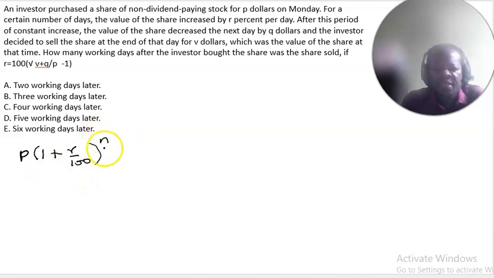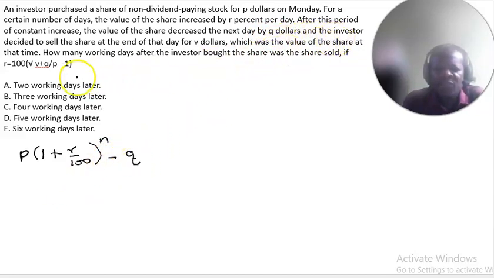This n represents the number of days the share increased by R%. The question said the next day, after n days, the value of the share decreased by Q dollars. So this will be minus Q.